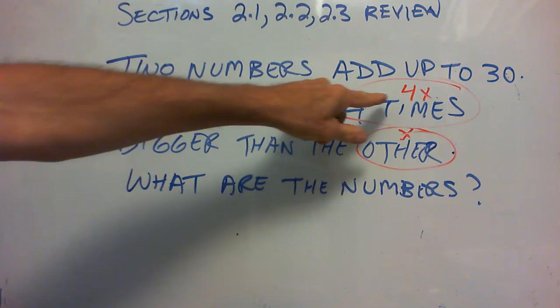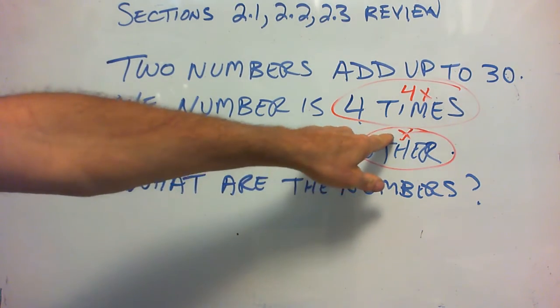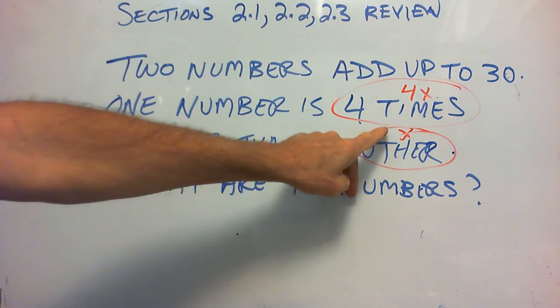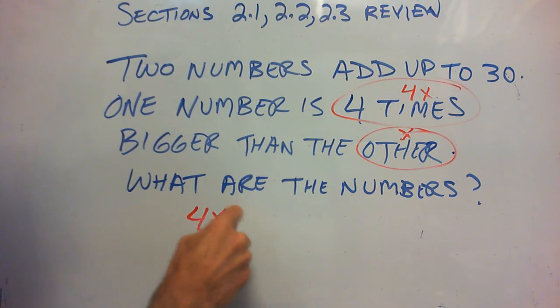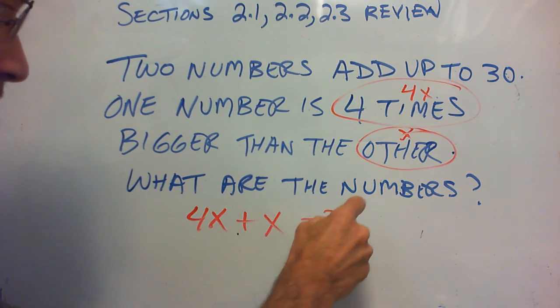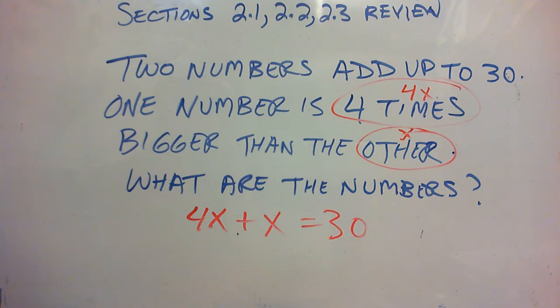So we have a number that's 4x because it's 4 times bigger than the other. Added to x is going to add up to 30. So you get the equation 4x plus x equals 30. So that's the simple way of doing this problem.